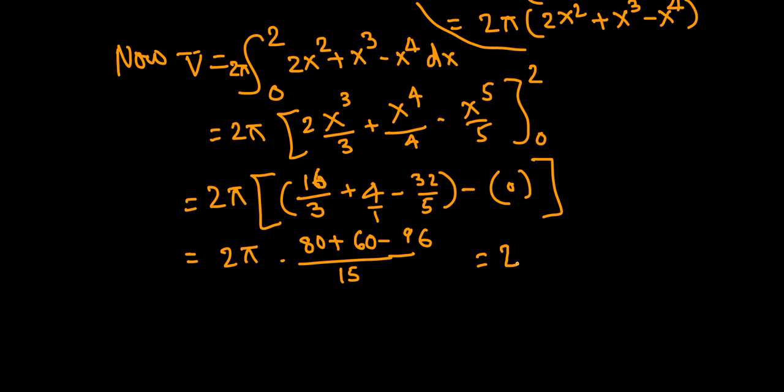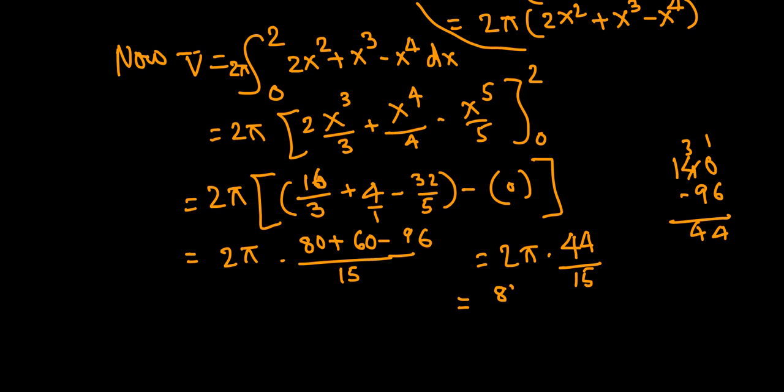Let's simplify: 2 pi times (80 plus 60, 140, minus 96), which is 44 over 15. So the final answer is 88 fifteenths pi, 88 over 15 times pi cubic units.